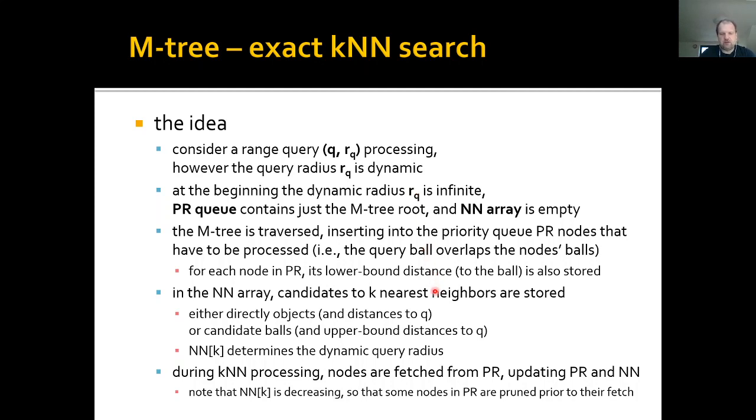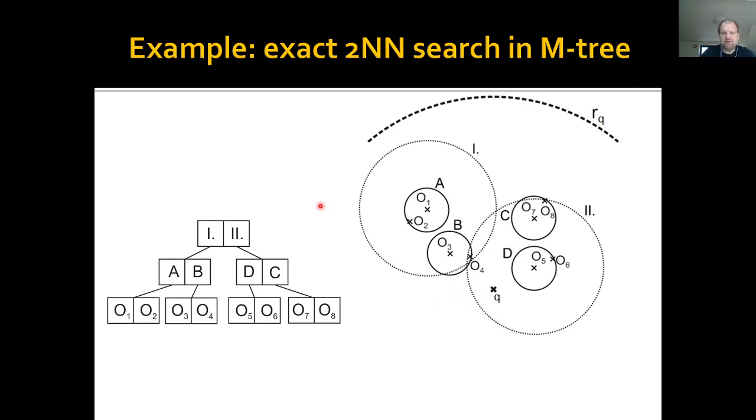Okay, it's better to show it on an example. We have a query here, and we search for two nearest neighbors. That's why the NN array has two positions. We start with the PRQ, where the first and only entry is the root, the whole tree, and the radius is set to infinity.